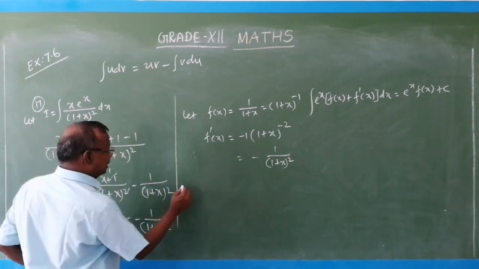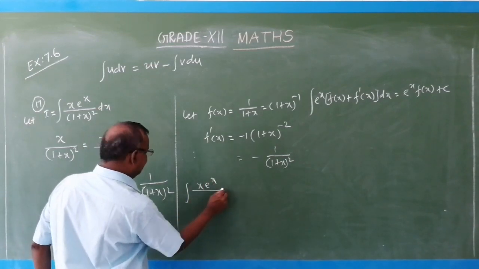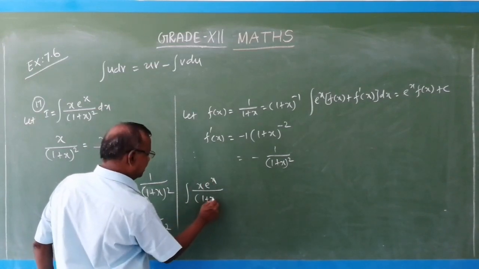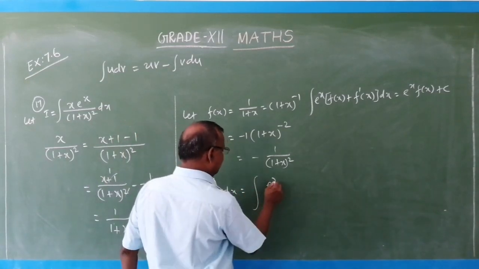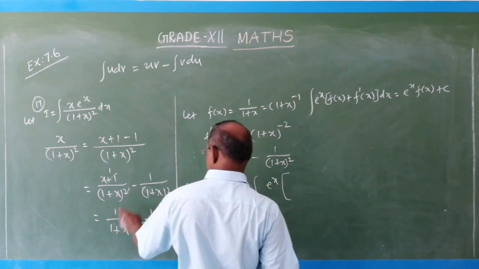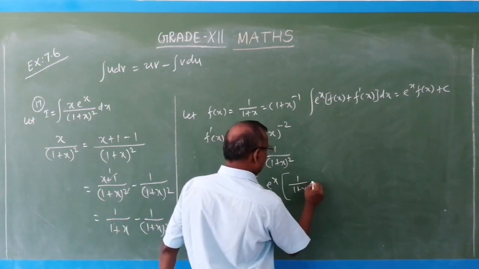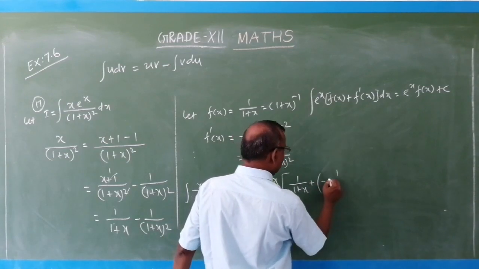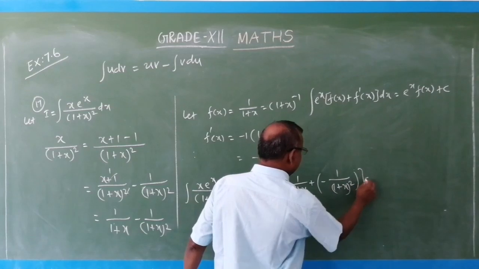So, we have integral x into e power x divided by (1 plus x) the whole square into dx equal to integral e power x into, that is first part 1 by 1 plus x plus minus of 1 by (1 plus x) the whole square into dx.